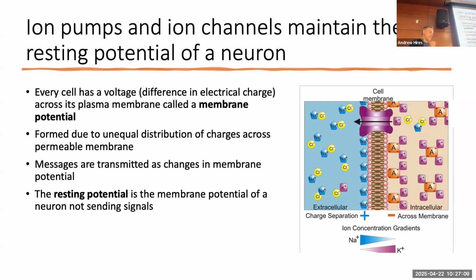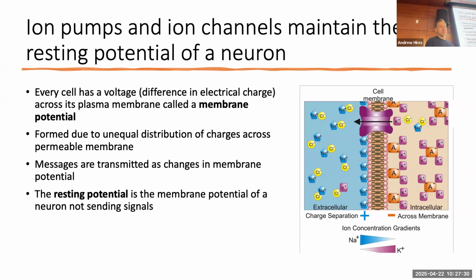However, the electrical gradient is not the only thing that matters for motion of an ion across a membrane. Also, the relative concentration of a particular ion inside or outside of the cell is going to have a huge impact on what direction an ion might want to pass through a membrane.